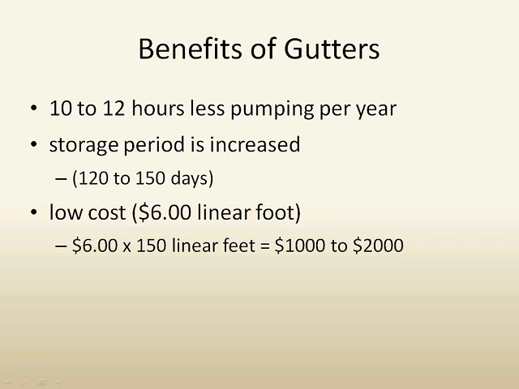Or if you're putting in a new waste storage structure, you reduce the required size. And gutters are fairly low cost. We're talking somewhere between $6 and $7 per linear foot to install gutters. So the cost and payback for gutters is really pretty good. And this is how we should be approaching producers on the benefits of putting in gutters in animal waste systems.